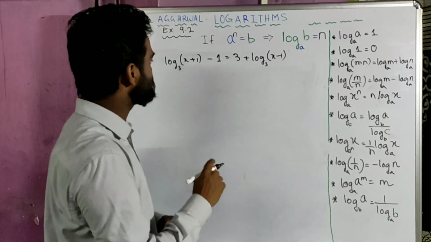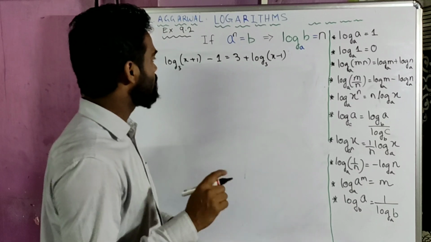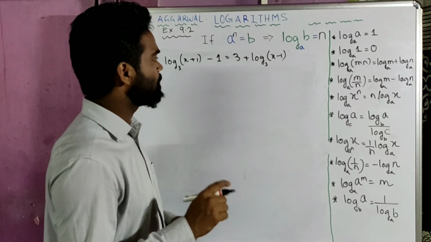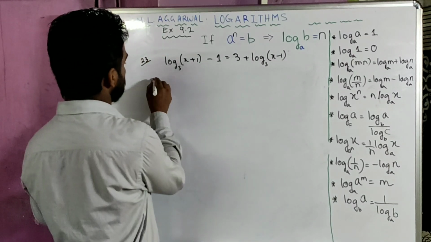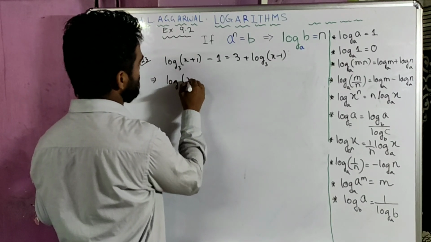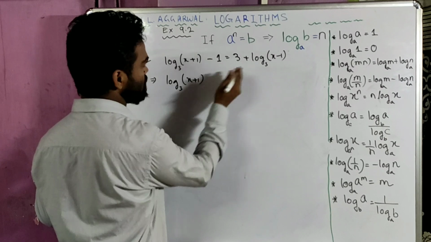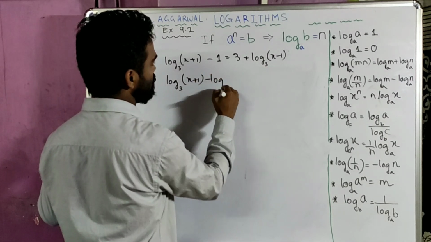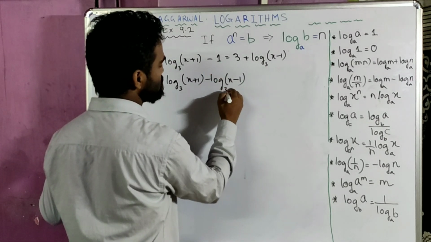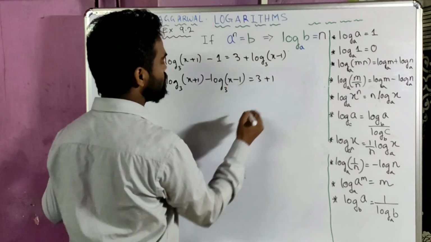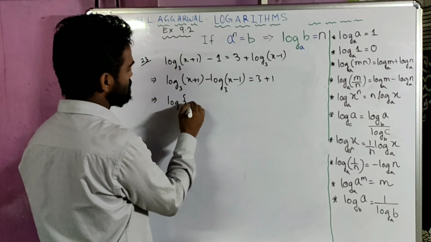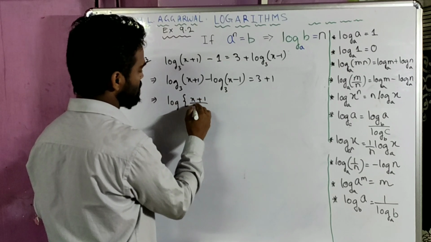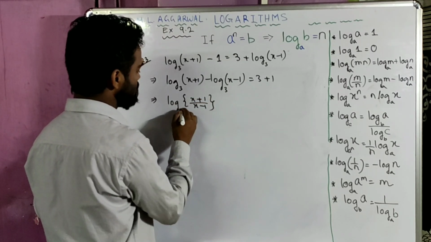23: log x plus 1 to the base 3 minus 1 equals 3 plus log x minus 1 to the base 3. Now look carefully. Can I write this as log x plus 1 base 3? Bring this on this side. So log x plus 1 base 3 minus log x minus 1 base 3 is equal to 3 plus 1, which means this is log x plus 1 by x minus 1, isn't it?